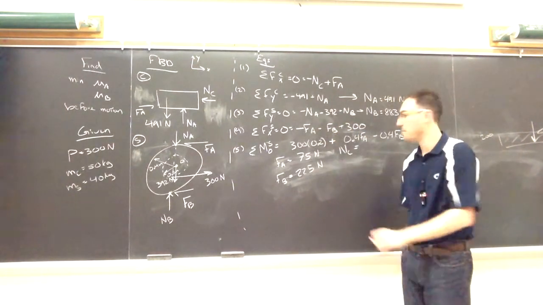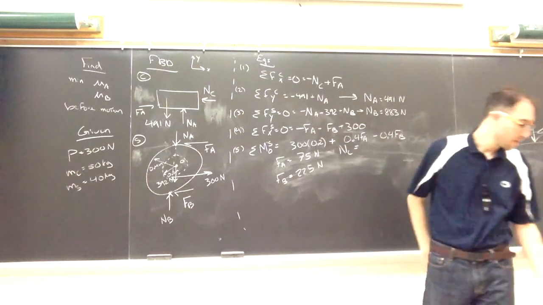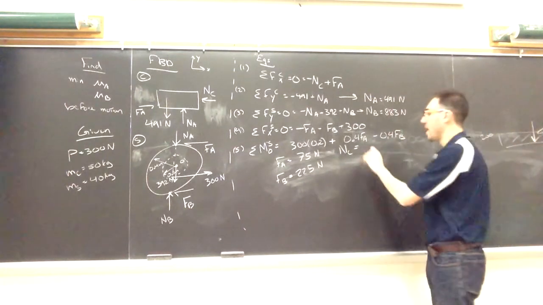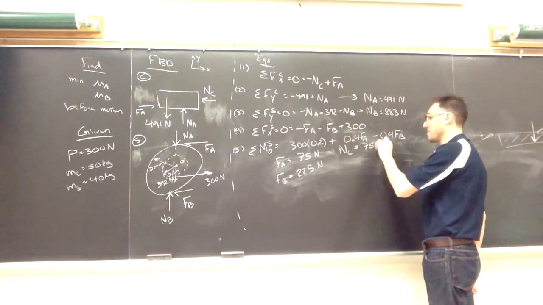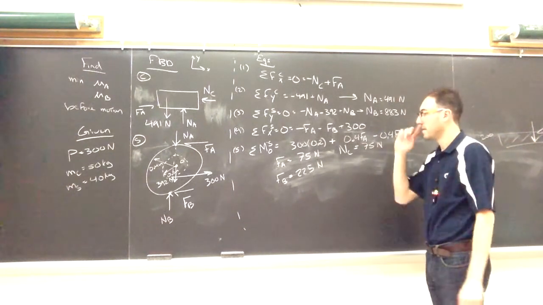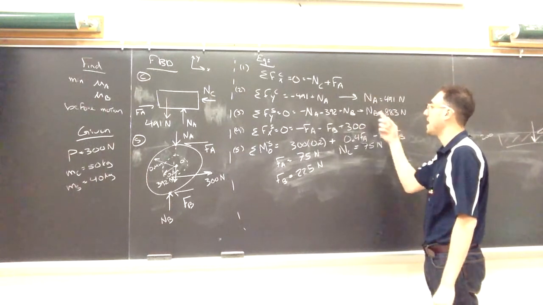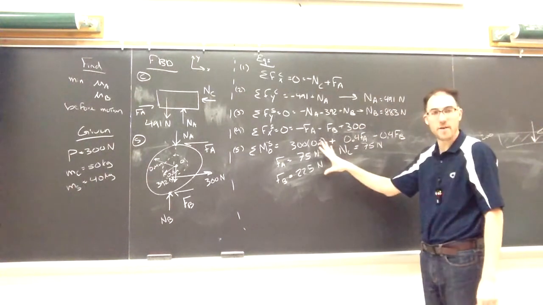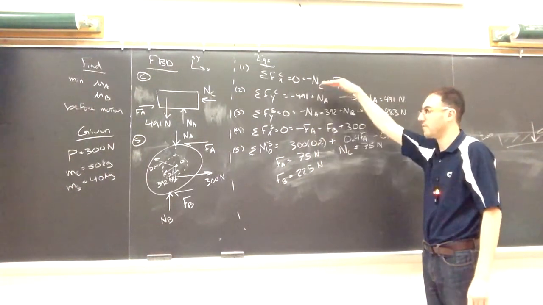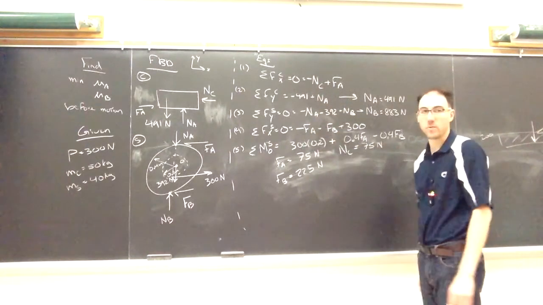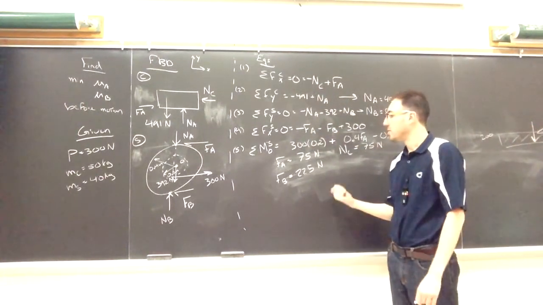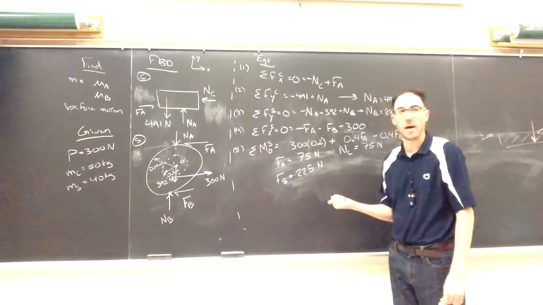Make sure that that normal force is going to be positive. I get NC is 75, positive 75 newtons. I already know NA and I already know NB, so I have all 5 unknowns that I have so far solved for from the equilibrium equations. So at least force-wise, I'm done.